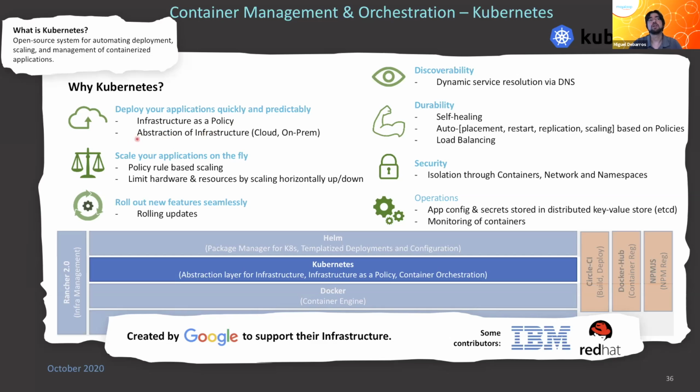And of course, the other main aspect is that we've abstracted the underlying infrastructure, whether you're on cloud or on-prem. Kubernetes is one of the key components that allows us to do that. Another nice thing it does is durability. It's very much a self-healing runtime environment. What I mean by that is when you define how you want Mojaloop to run, if you want however many pods or containers to run for a specific service, Kubernetes is always monitoring that and making sure it's adhering to that.